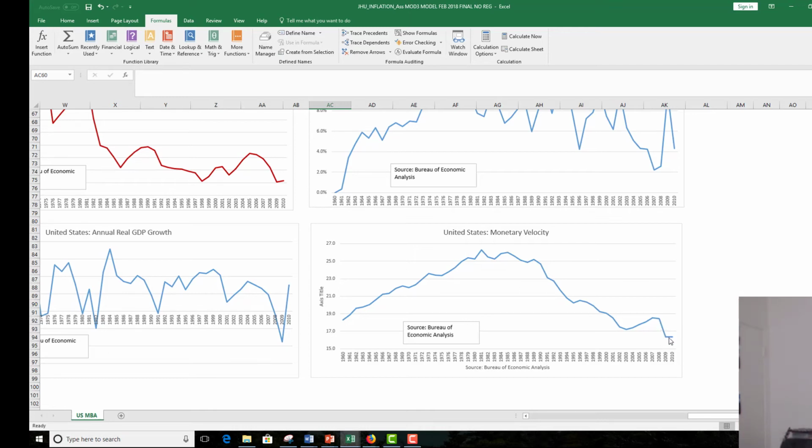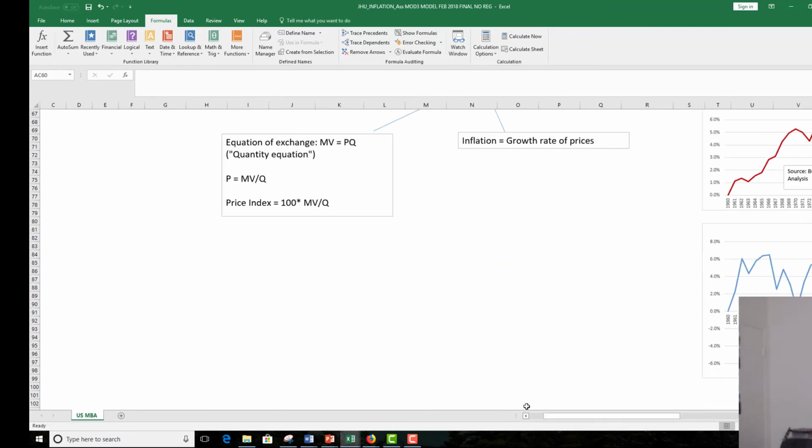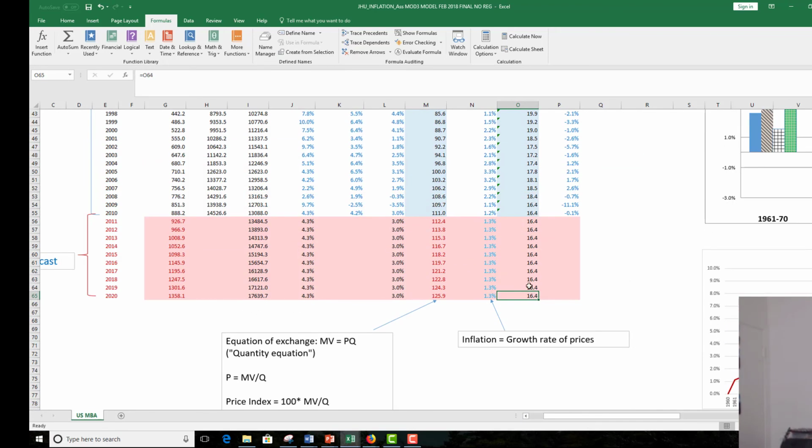Boom! You could see that people shifted out of equities and into money, and that meant a reduction in velocity. But in any event, going forward, we were predicting at the time that velocity would be constant, and we were also predicting that growth would be about 3%.